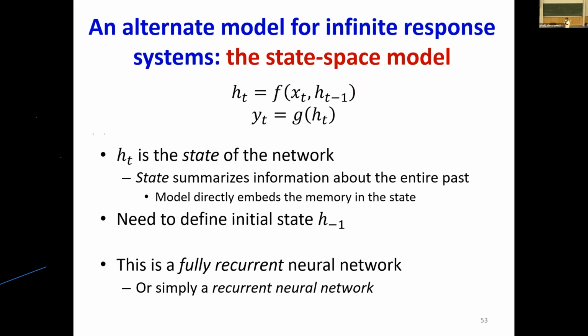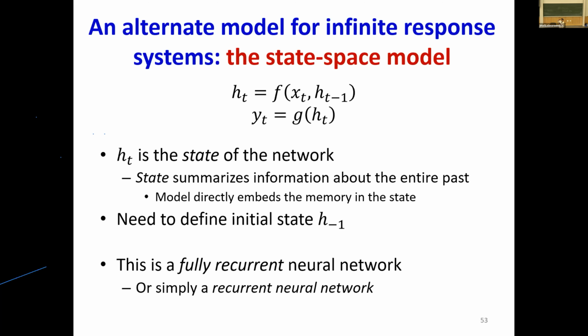The output of the network at any time is simply a function of the state at that time. Any of you who has worked on control systems, for instance, is very familiar with this model. You represent the state of the system, which is recurrent. The state at any time depends on the state at the previous time and anything else that had happened. And the output is just a function of the state, right? So is this clear to everybody?